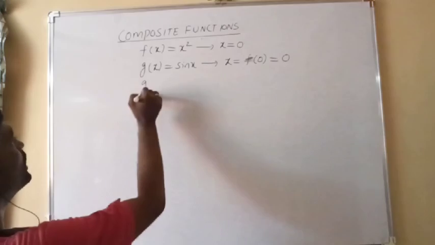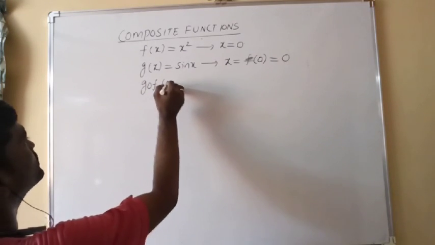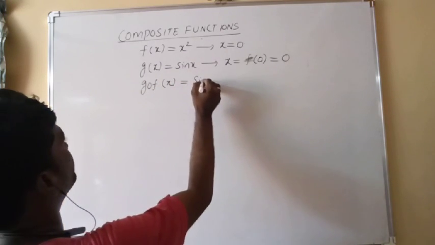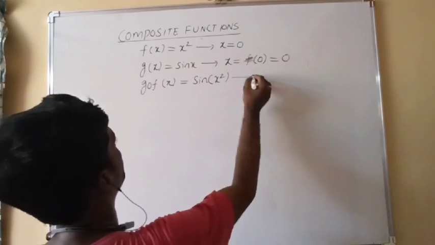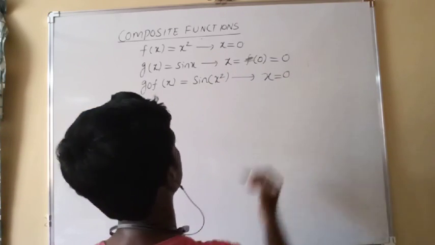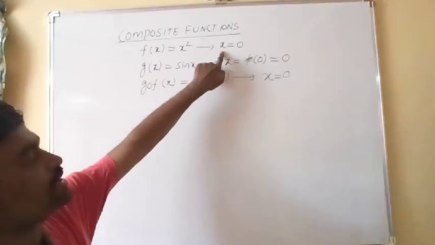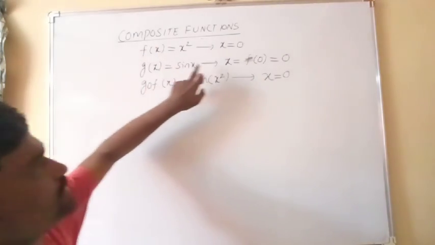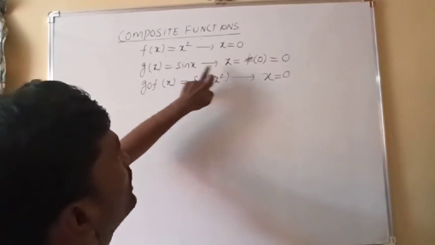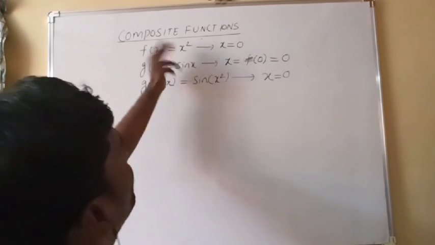Then g circle f is equal to sin of x square. It is continuous at x is equal to 0. x square is continuous at 0, and g of x is equal to sin x is continuous at x is equal to f of 0.